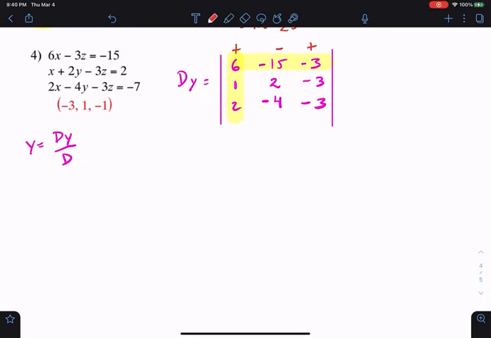So let's do that. So we have 6 times -6 minus -4 and -3 is +12. Negative makes a positive, right? So the next one should be +15. So this one and this one, right?